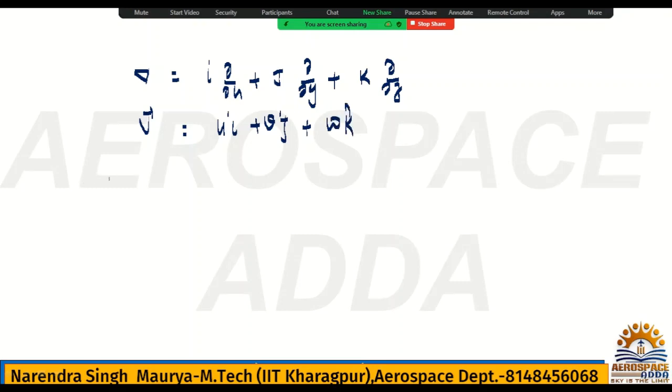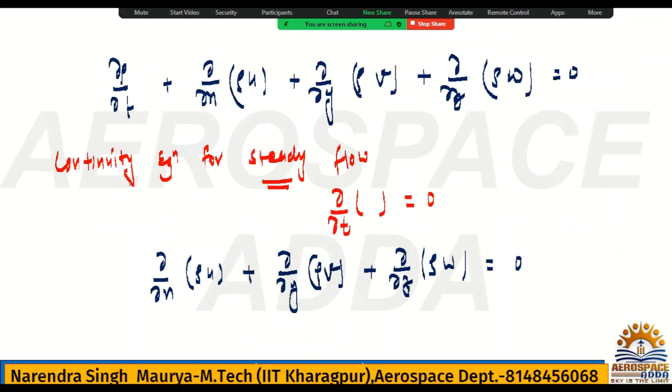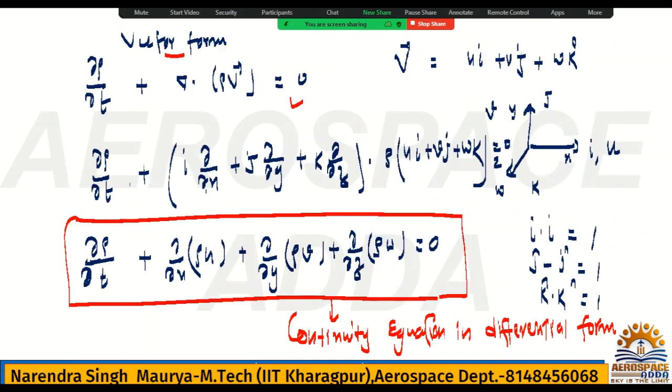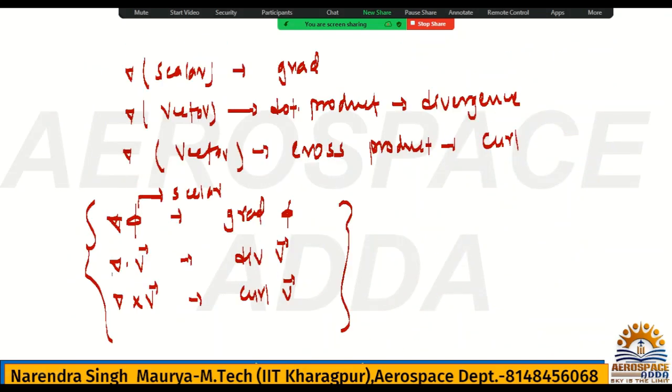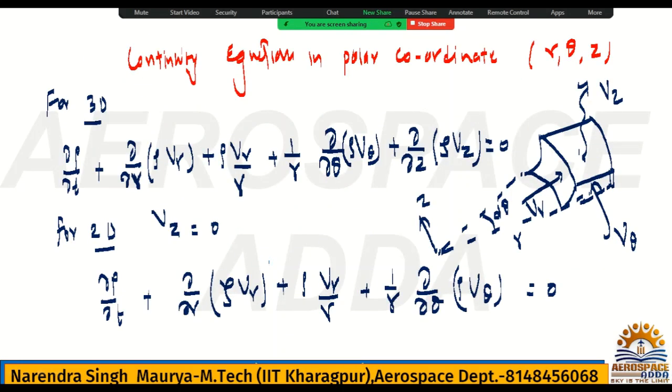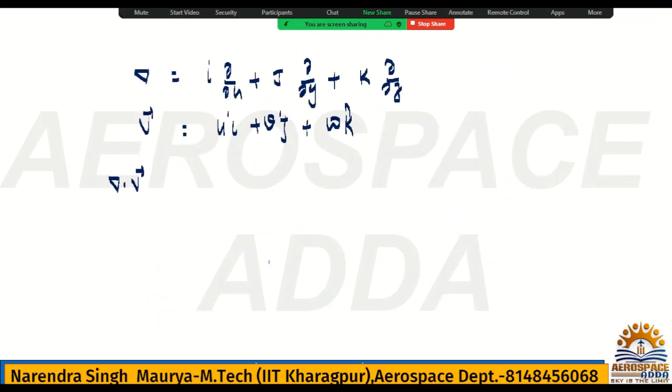If I say this operator into v vector, I told you if this del operator will come with the vector, but if it is dot product, then what it is called? See, this operator dot product with vector, it is called divergence, no? So that means you are writing divergence of v vector.